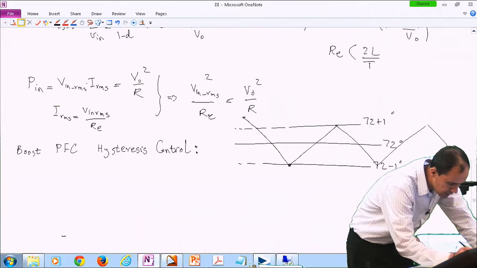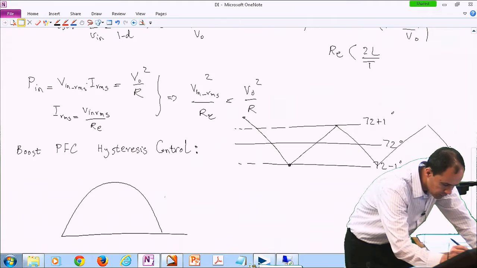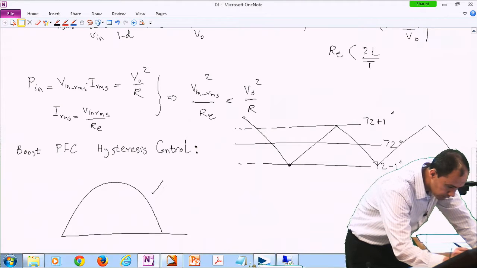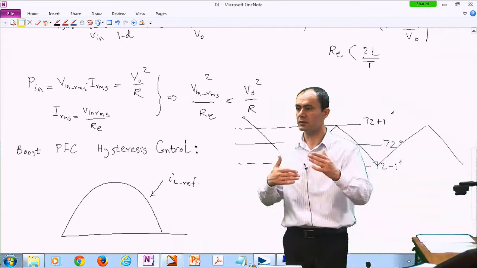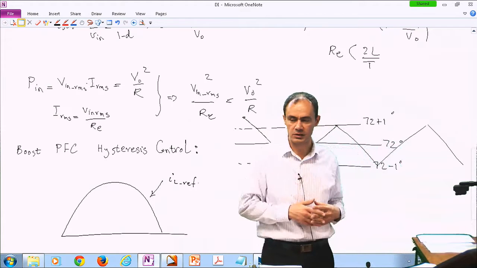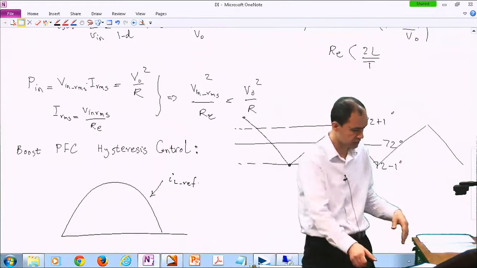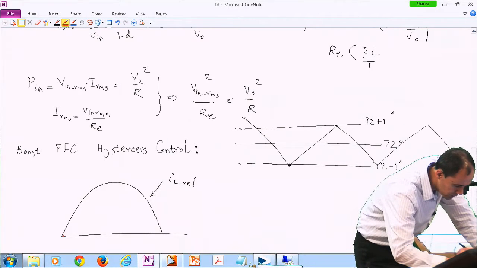So let's say you have this reference for the inductor current, which comes from the multiplication of the output of the voltage compensation network by the input voltage, something proportional to the input voltage ultimately. And then you define these two bands.